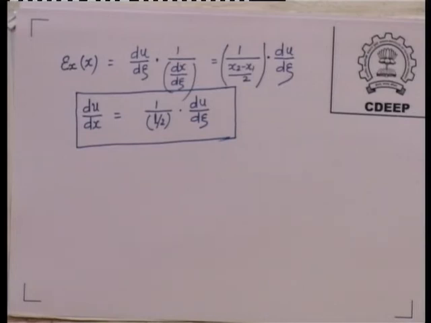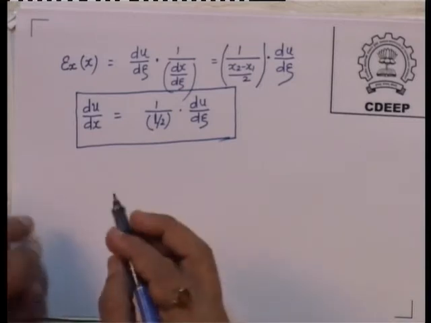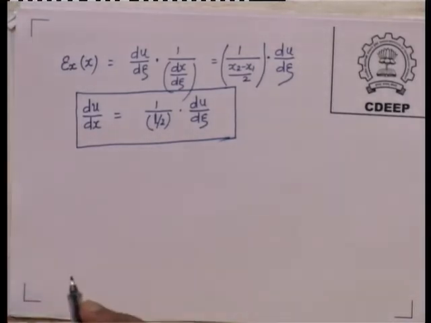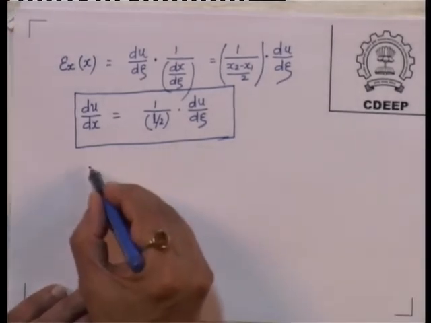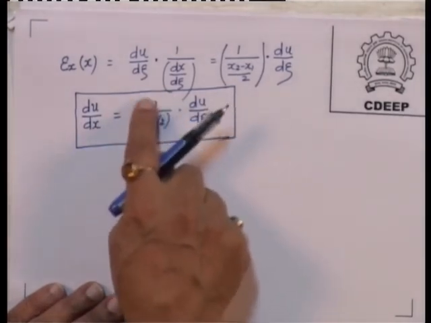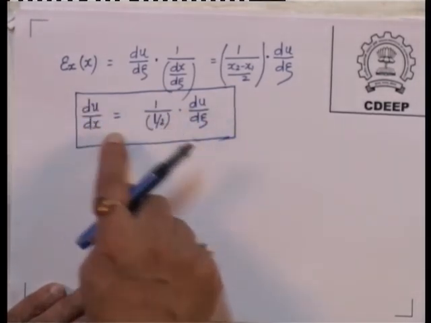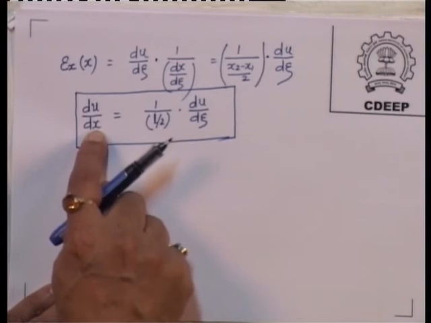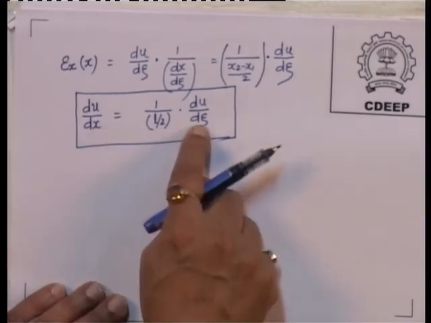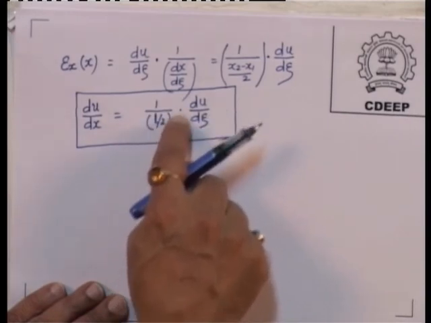Can we write this? So in this formulation what we do is compute strain in the local coordinate. Now we have got an idea, yes, this is global coordinate.